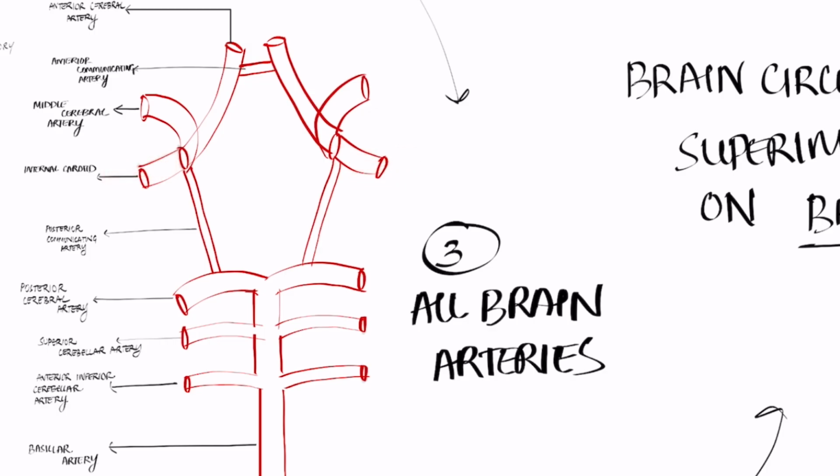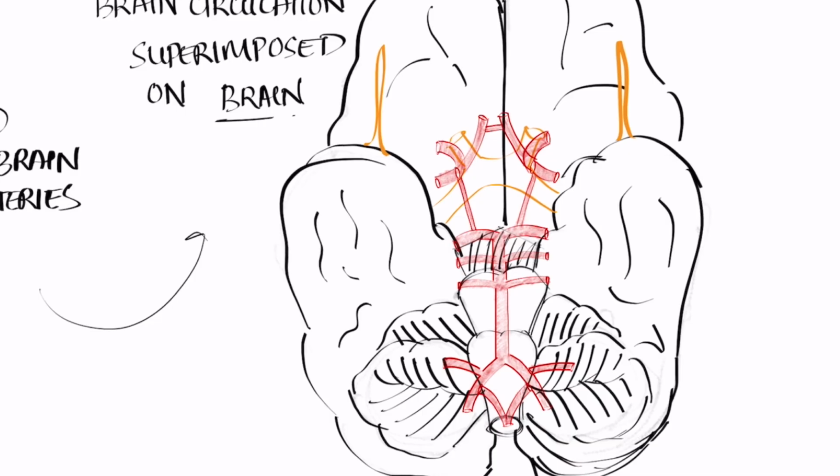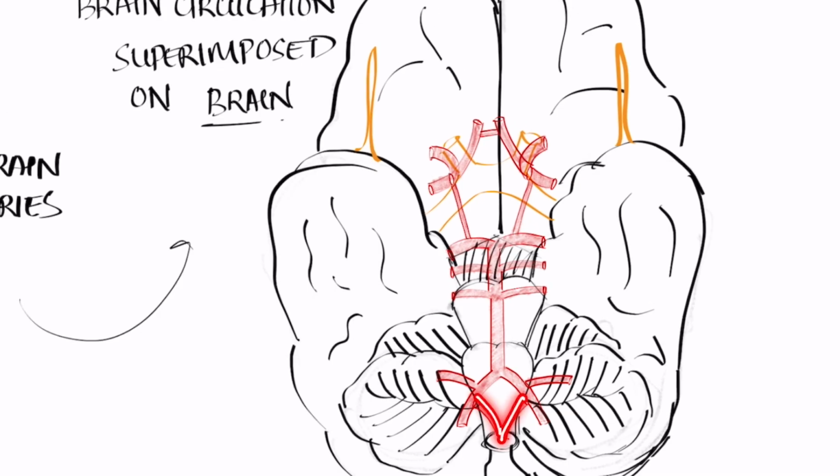Right. Now, this image superimposes the blood supply over the inferior aspect of the brain's diagram to help us understand better. The anterior spinal artery supplies the medial part of the medulla. The posterior inferior cerebellar artery supplies the lateral aspect of the medulla.